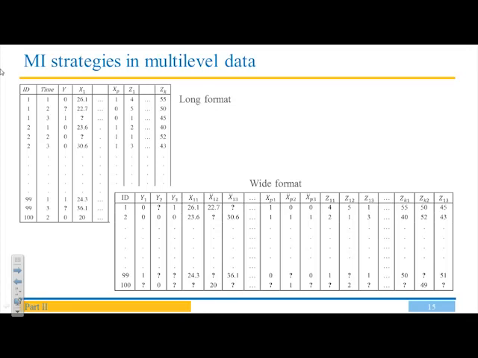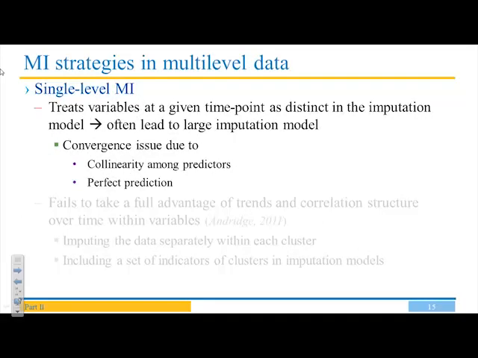So you can imagine how the imputation model becomes very large when you add more imputed variables. When you have a large imputation model, you would have a convergence issue due to the high correlation between these variables, especially the repeated measures of the same variable, and also the perfect prediction for the categorical variable.